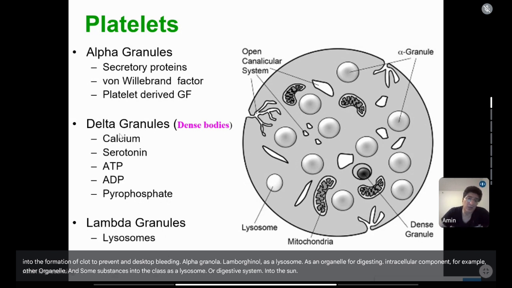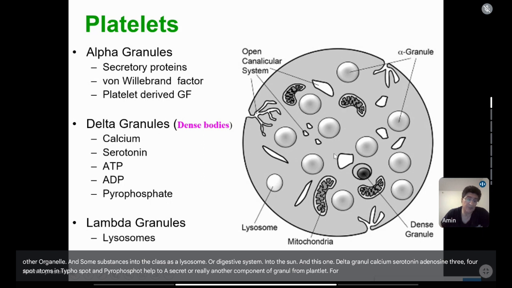And delta granules, with calcium, serotonin, adenosine triphosphate, adenosine diphosphate, and pyrophosphate, help to secrete or release other components of granules from the platelet.